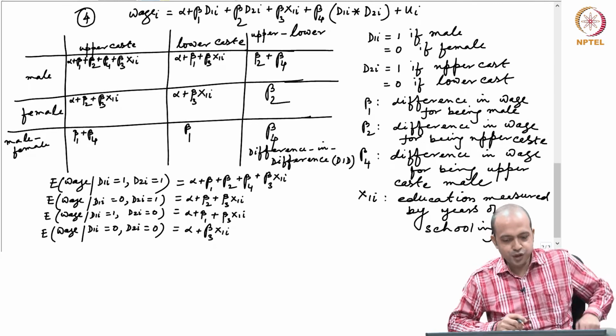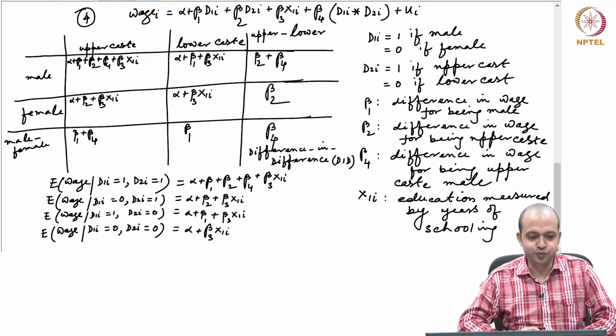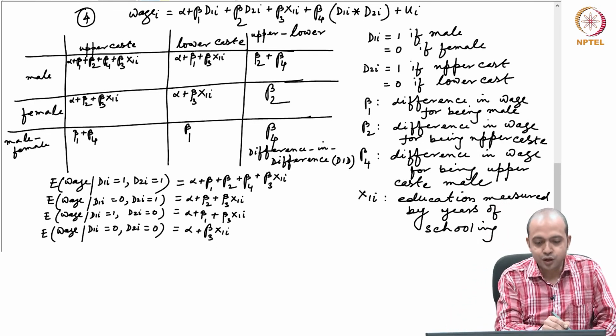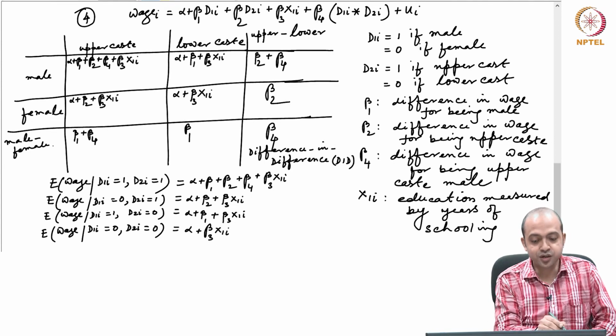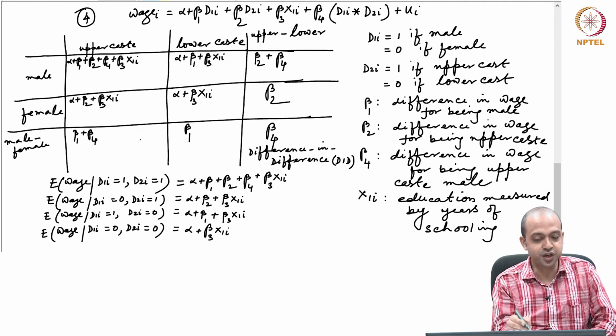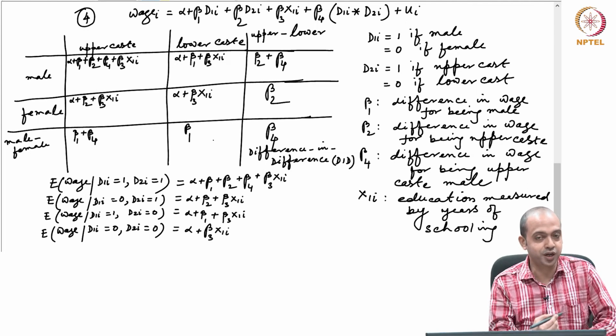The first interpretation of beta 4 is the row wise difference, because I have taken male minus female, which is basically the gender gap. So, gender gap for the upper caste and gender gap for the lower caste, and then again I am taking the difference.